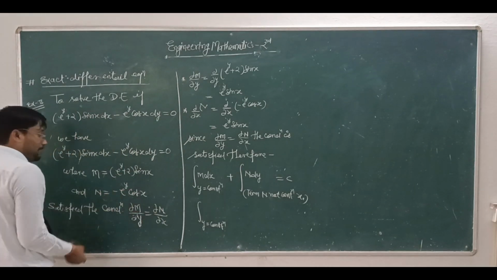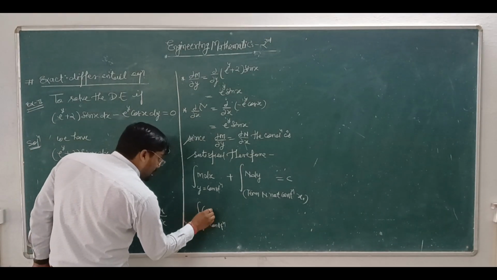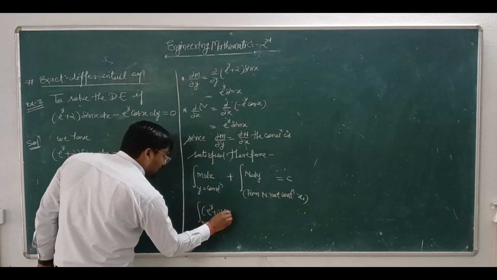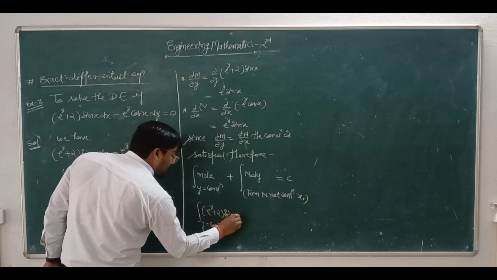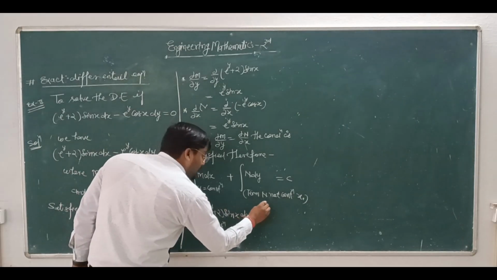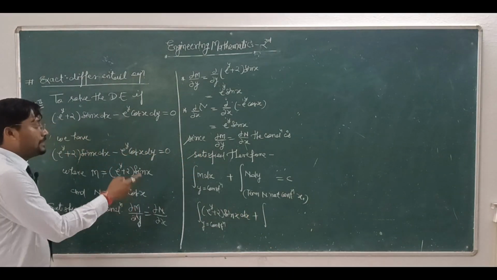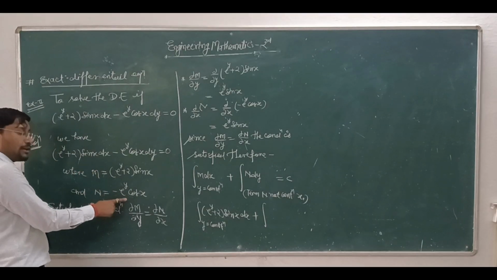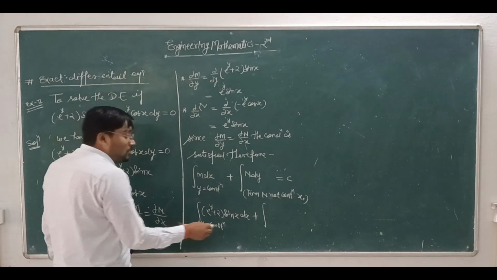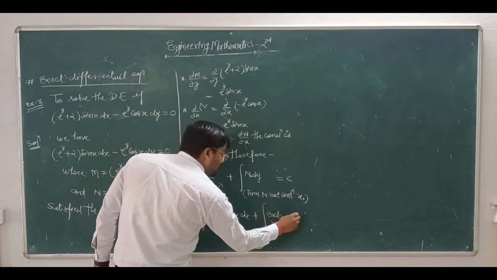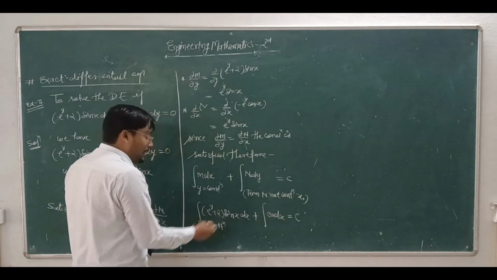Now you can write integration, y is constant, put the value of M, this means integration of (e^y + 2) sin x dx, plus integration of the term of N not containing x, this value is equal to 0 into dx, is equal to constant. Now you can integrate this.